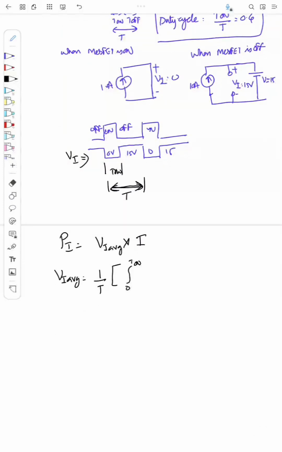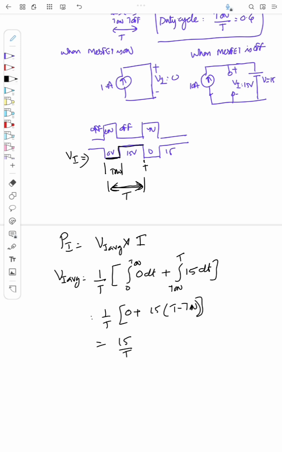From 0 to T on, the voltage VI is 0, plus from T on to total time T, the voltage is 15, dt. So I just need to integrate this. So 1 by T, 0 plus 15 is a constant, and if I integrate this, it will be T minus T on. So it is 15 by T into T minus T on. If I take T inside, it is 15 into 1 minus T on by T.